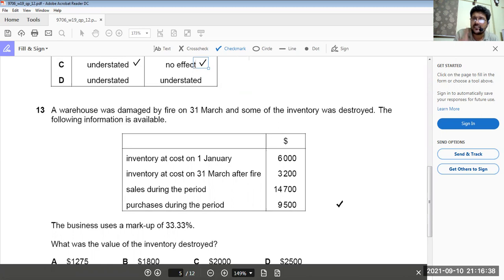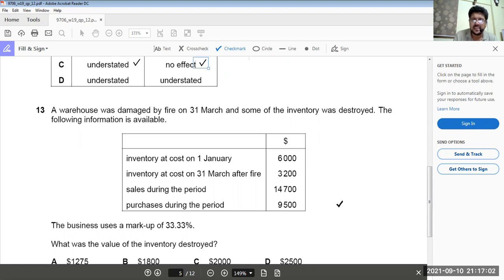Sales is 133%. When the markup is 33.3%, it means sales is 133.33%. So if we work it out, your cost of sales is 11,025.